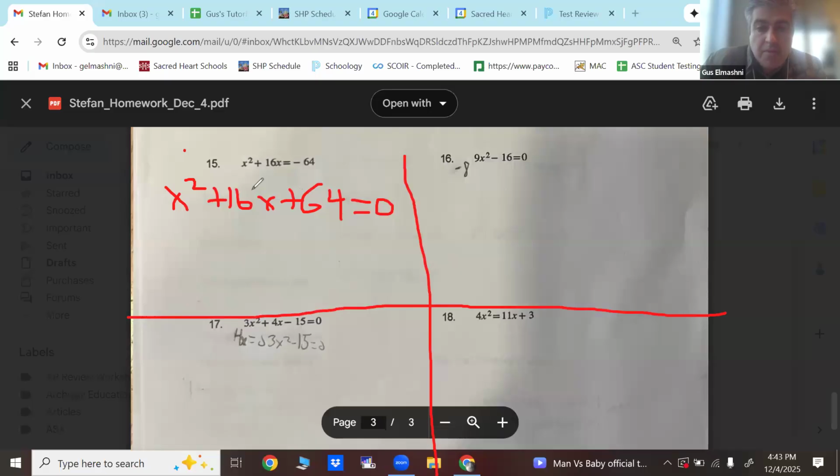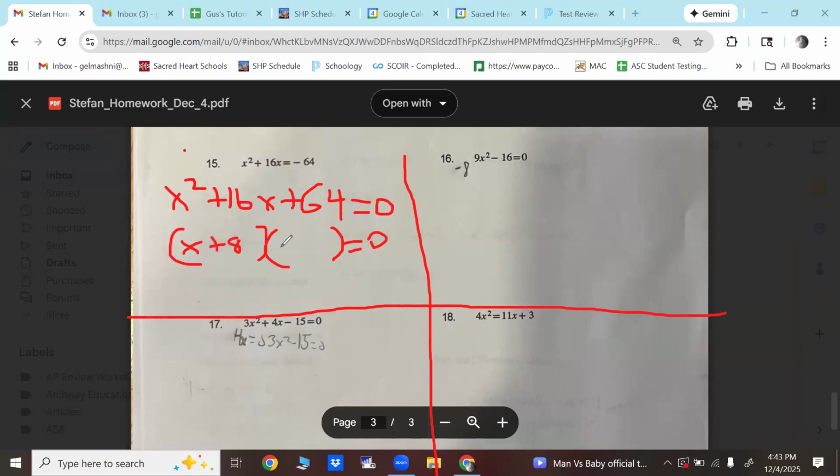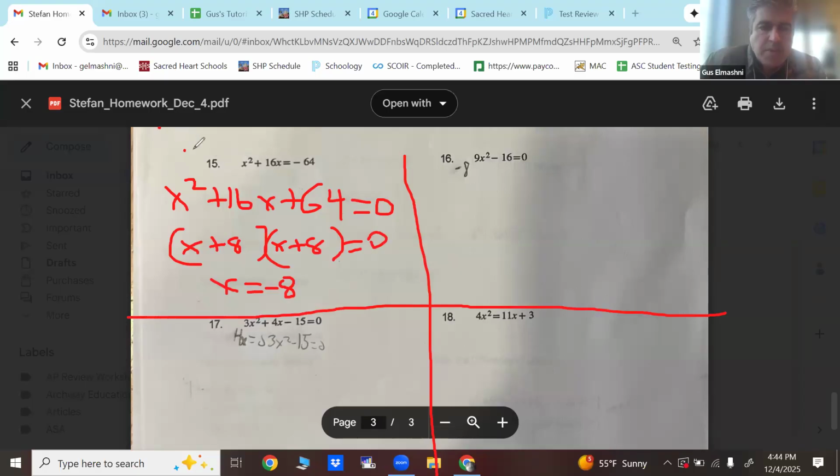Okay, so we do that. Let's get everything on one side. And then fortunately, 64 and x squared are perfect squares, so we can just do it more easily like this. You could also write it as x plus 8 squared.